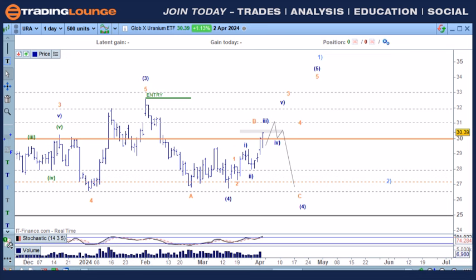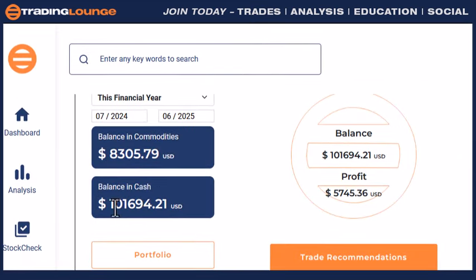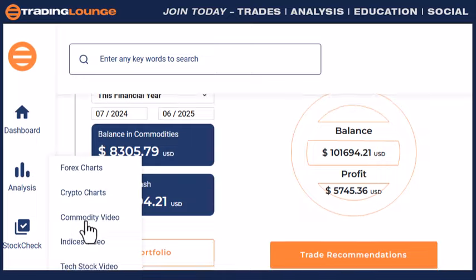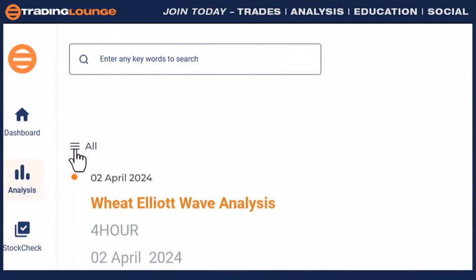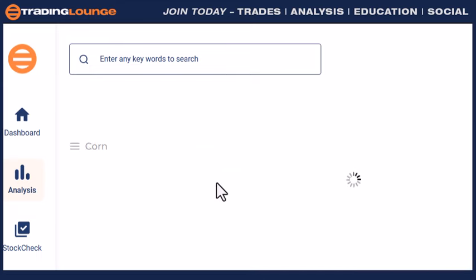I was going to have a look at the grains and the softs. Sammy said there's some things coming up in corn, perhaps. Let me just have a look at corn here for a moment. Commodities. I think he mentioned corn. Let's just have a look.